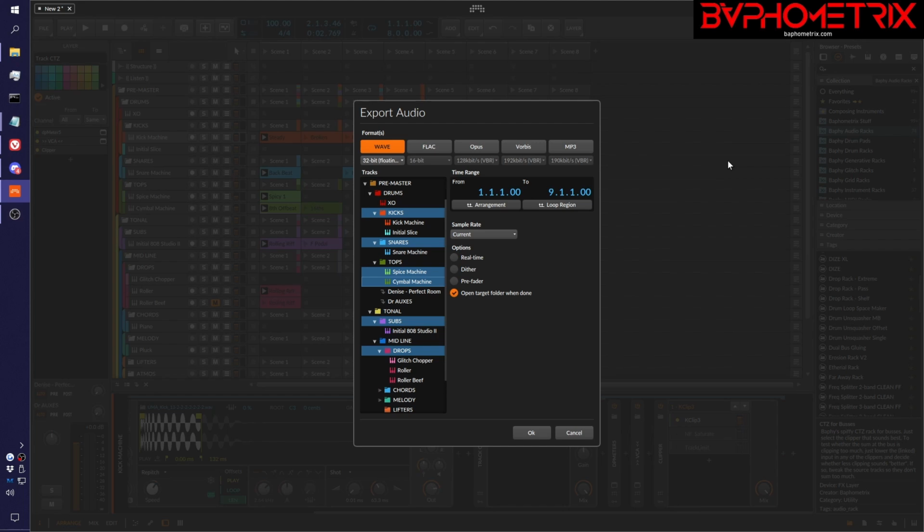So in the real world, the only practical way to do collaboration is to throw stems back and forth at each other. So you each have your own version of the project that you're managing separately and independently.